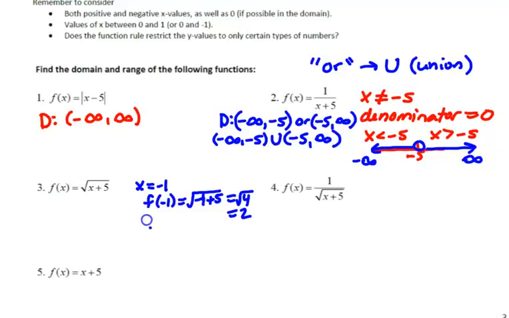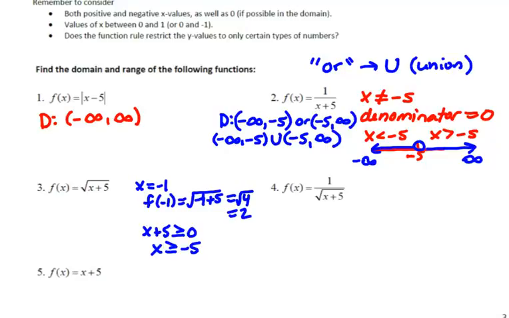So we need x plus 5 to be greater than or equal to 0. Now it could be 0 because I can take the square root of 0. The square root of 0 is 0. That's allowed. So if x plus 5 has to be greater than or equal to 0, that means x has to be greater than or equal to -5. If I put -5 in for x, I would get the square root of 0.